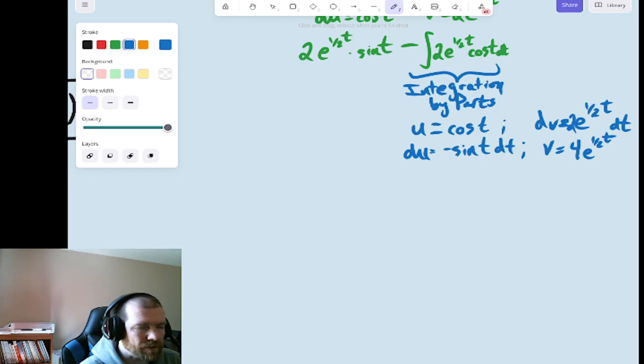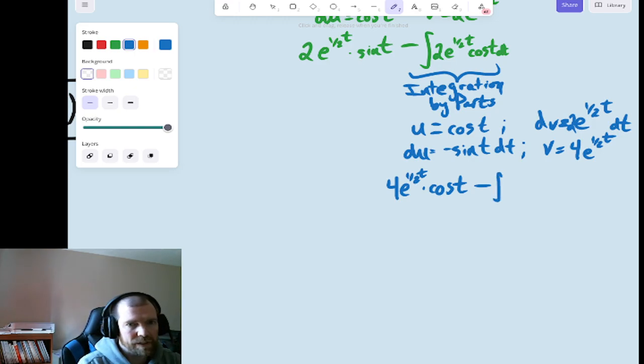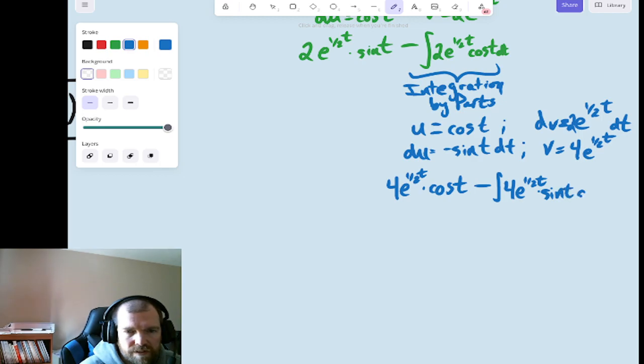So that particular one is now going to be uv, 4 e to the 1/2 t times cosine of t, minus the integral of v du, which is 4 e to the 1/2 t times negative sine t dt. The negative is going to come out front and make that a positive.